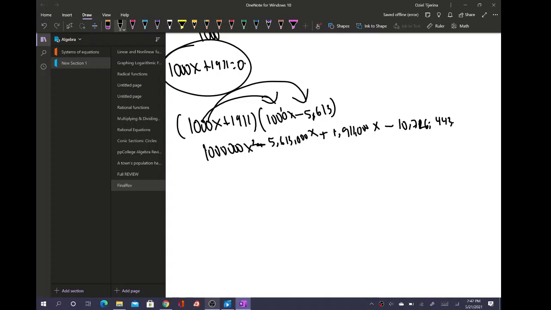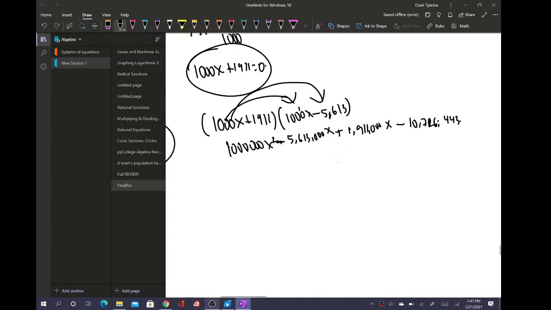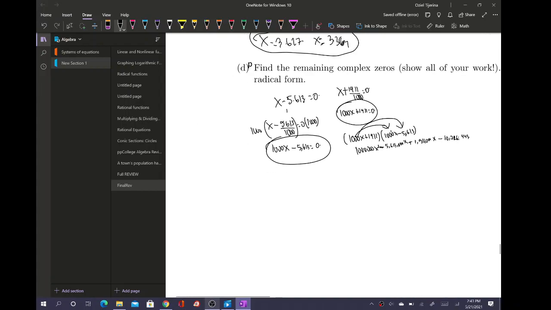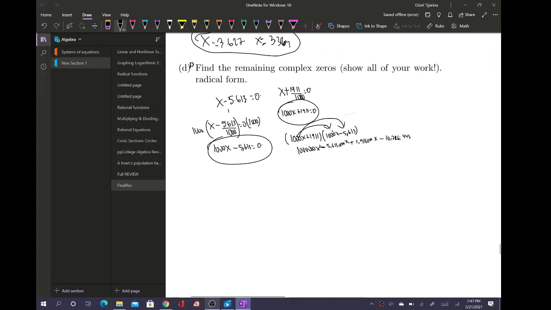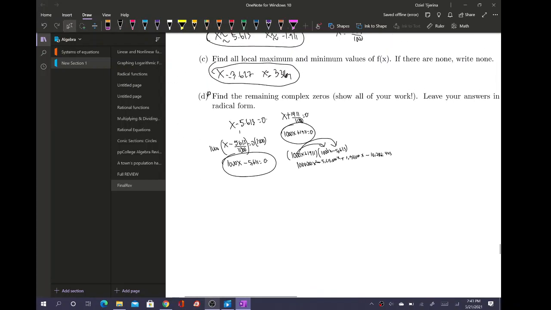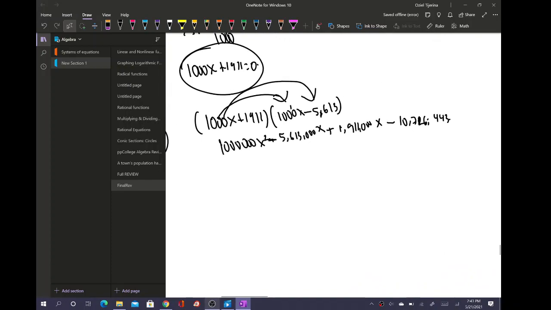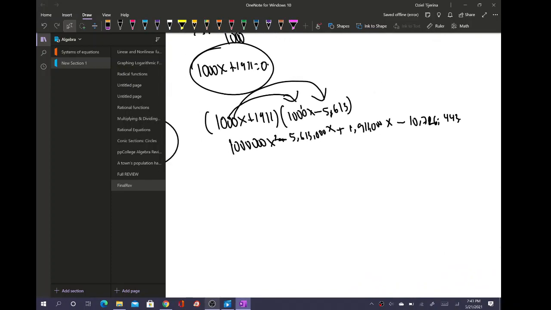The one issue with this problem is that they want us to find the remaining 2 zeros. This is a quadratic equation, okay?